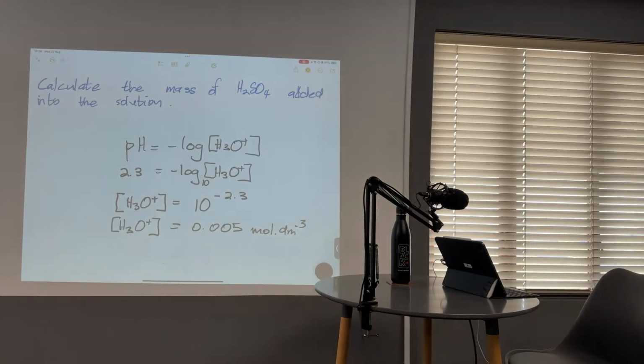Then times 2, that gets the moles of this guy. So the moles is... oh no, we don't have to times 2, it's actually the same. Actually, let me check. And now what do we have? We have this, and we're trying to get this.